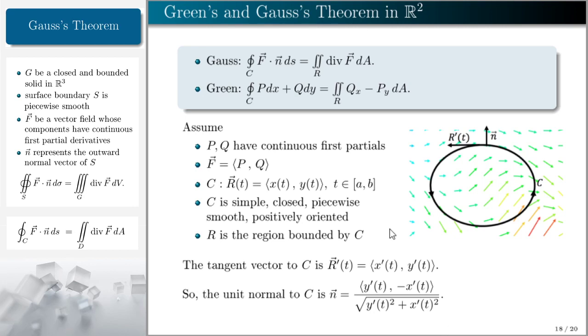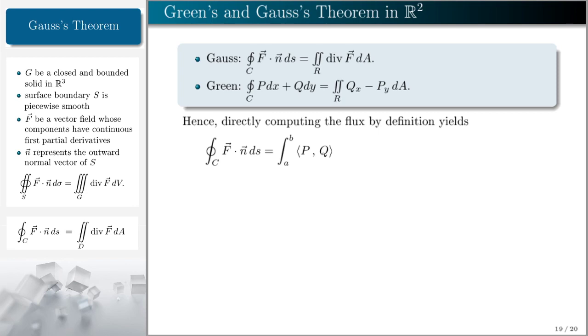We're going to be doing this because to connect Gauss's and Green's, we need to first express this quantity here in terms of t, and then later on express it in terms of this form. So for ds, we will need to get the r prime and the n so that we can expand it, which is given as follows. So we have the line integral of F dot n ds here.